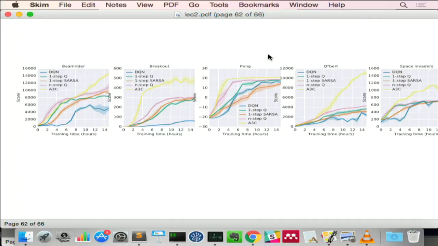This paper was about both how to set up the algorithm and how to do the parallel computation. So using a 16 core machine, they were able to learn pretty fast. Well, it's actually not that fast. It's 4 hours to learn Pong. So I think it's somewhat comparable to using DQN, the Q learning algorithm, which you'll learn about soon.